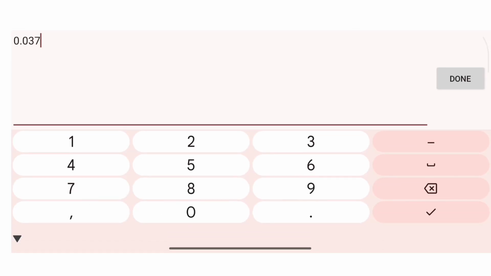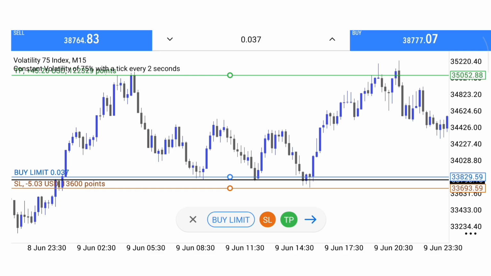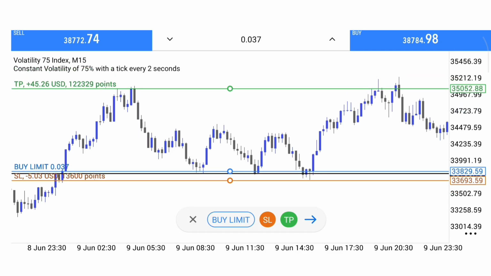I should have stopped at that, but let's see what 0.37 can give us. $5.03. That is just a difference of three cents. So that's $5. If we traded this setup with a $5 risk, we'd be making $45 in a single trade. That means we have gotten almost all our money back in one single trade.